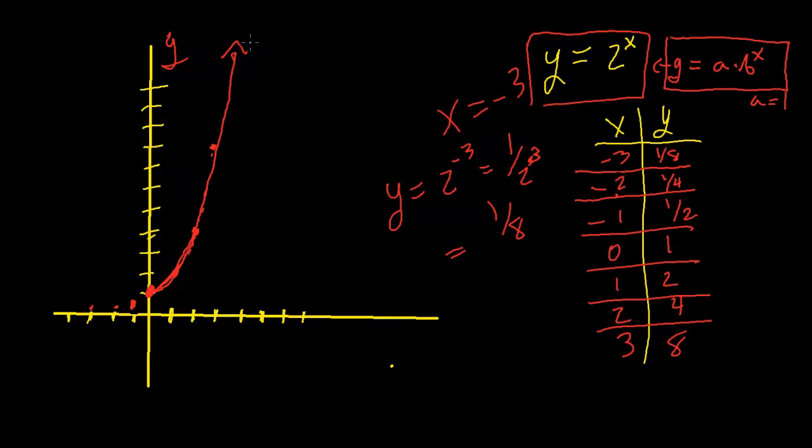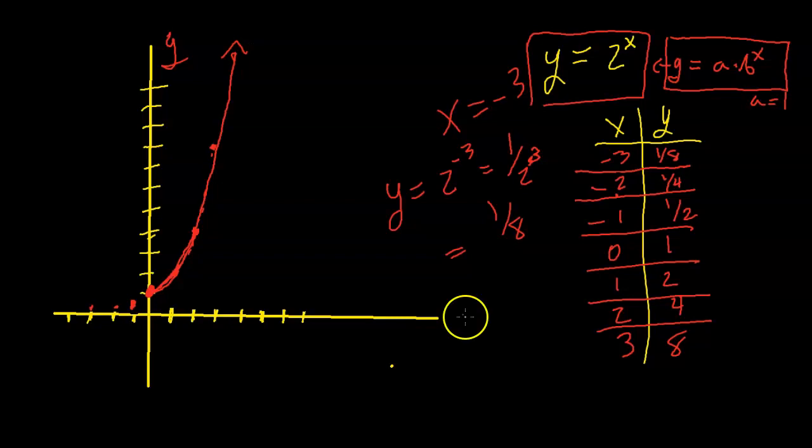And what in the world happens to the left of the y-axis? Well, we're going to be raising 2 to increasingly negative powers, right? And remember what raising a number to a negative power does. That puts that number into the denominator of a fraction. So you're going to be getting fractions with increasingly larger denominators, right?